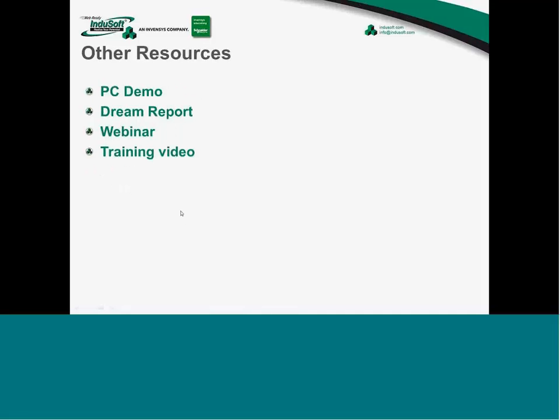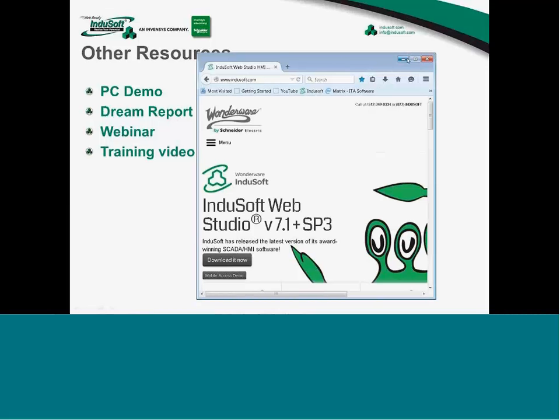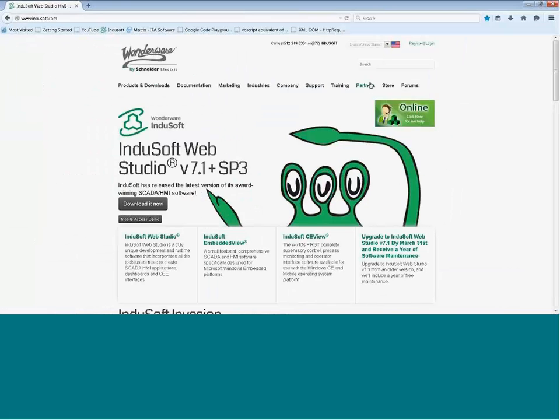Other resources, I've been talking about PC Demo, and some things to mention. The InduSoft reporting tools are very flexible, but still sometimes we have people that want to do more. So what we've done is we've partnered with, and I'm going to open up the InduSoft web site and go to our store here and take a look at third-party add-ons.